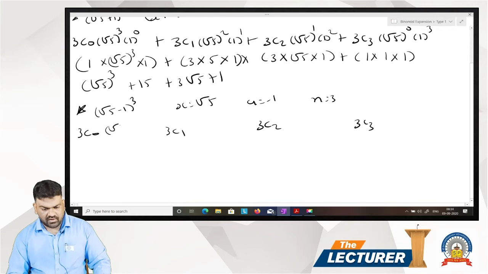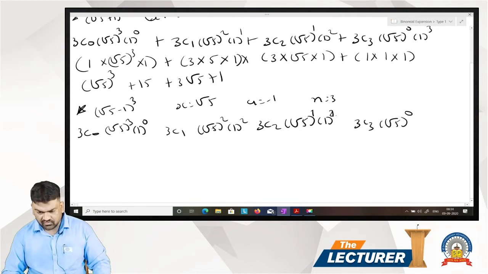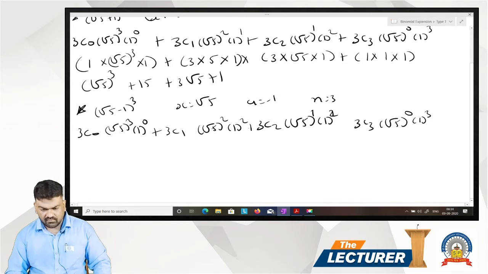Okay, root 5 raised to 3, root 5 squared, root 5 raised to 1, root 5 raised to 0. 1 raised to 0, 1 squared, 1 raised to 1, 1 raised to 2 and 1 raised to 3, plus plus plus, okay.